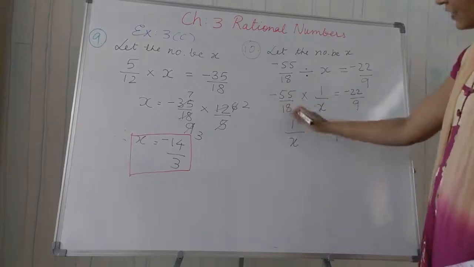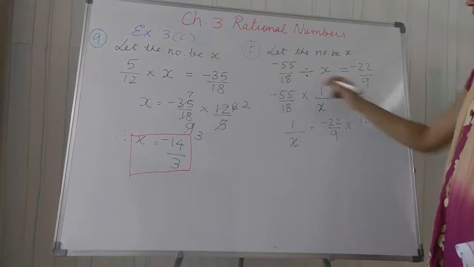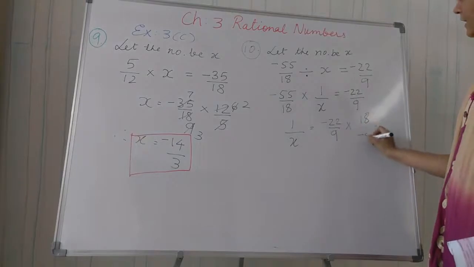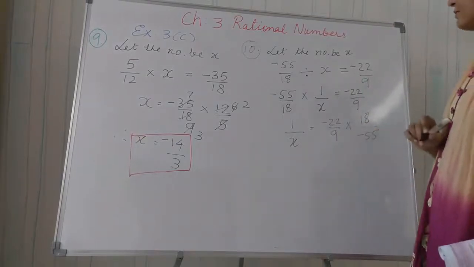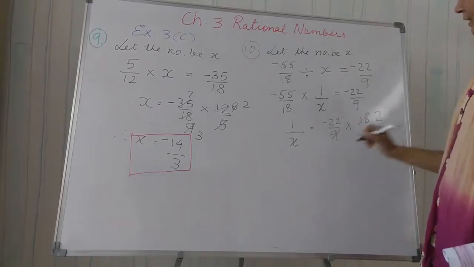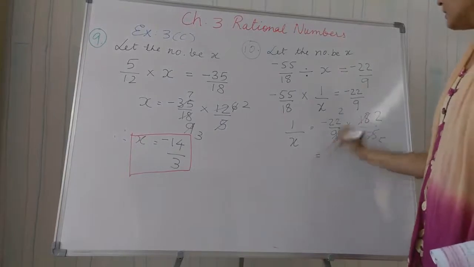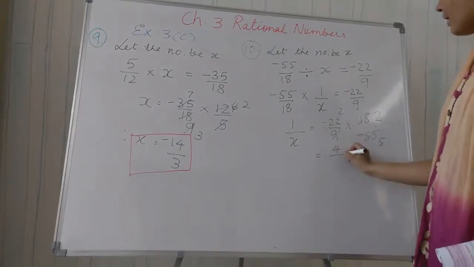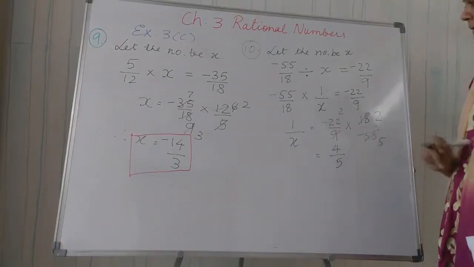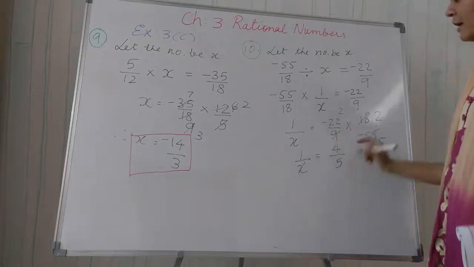The minus 55 by 18 goes to this side by reciprocal, taking the reciprocal of minus 55 by 18 as 18 upon minus 55. Now cutting this: 9 twos are 18, 11 fives are 55. It means we get 2 twos are 4 by 5. Also minus minus gives a plus answer. So 1 by x we found as 4 by 5.